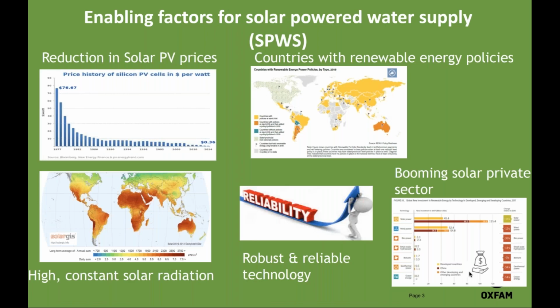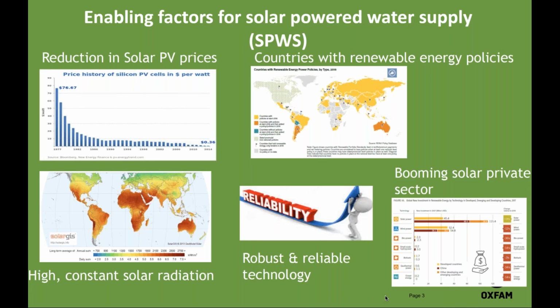What are the enabling factors for solar-powered water supply? Reduction in solar PV prices has been the greatest enabler, as it has made solar affordable. We say solar prices have actually reduced tenfold since about a decade ago. Many countries also have a renewable energy policy that supports and encourages solar use for water supply.